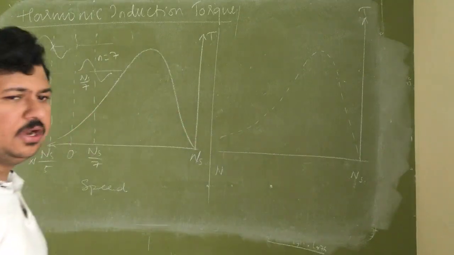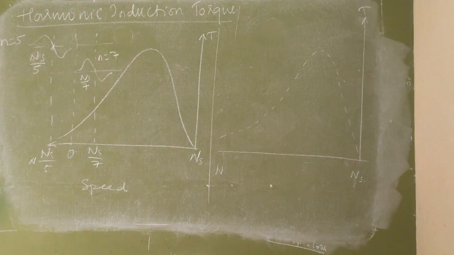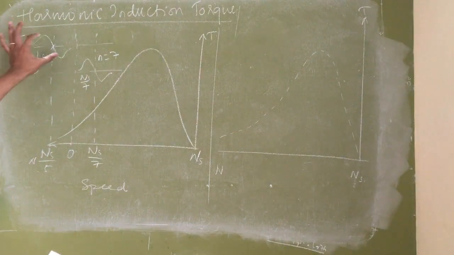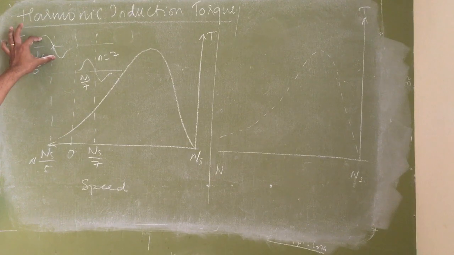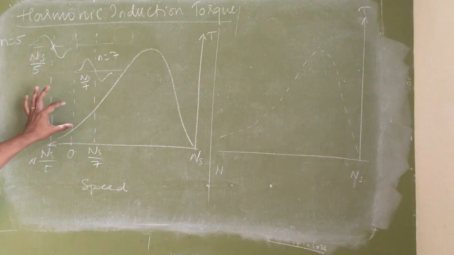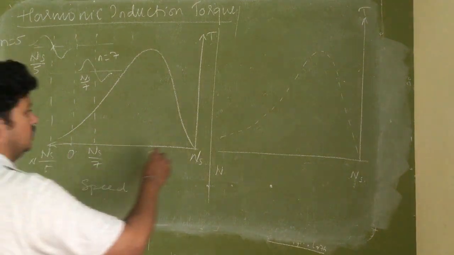This is my expected characteristic. Now when this gets superimposed, it will add to this characteristic. So this fifth order harmonic torque characteristic will add to the expected characteristic. So it will be like this.